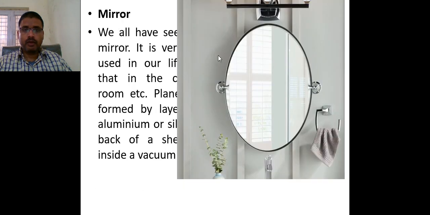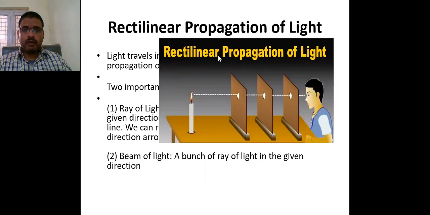Here you can see the propagation of light. That means how the light travels in the medium. Suppose there is a cardboard, and the light is seen by this observer.